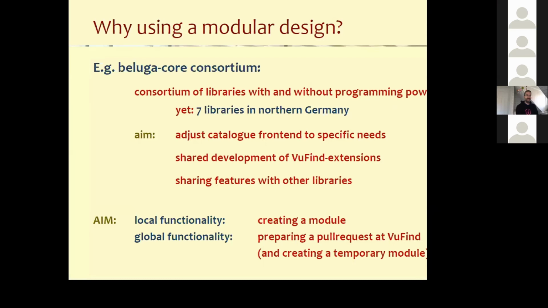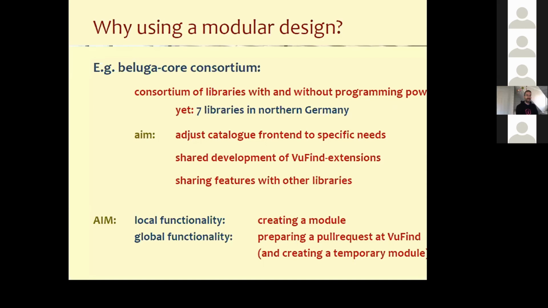And our aim is to adjust the catalog front end to the specific needs of each of those libraries, and we want to do some kind of shared development of VuFind extensions so that we can bundle our programming powers in doing it, and we want to share features with other libraries.